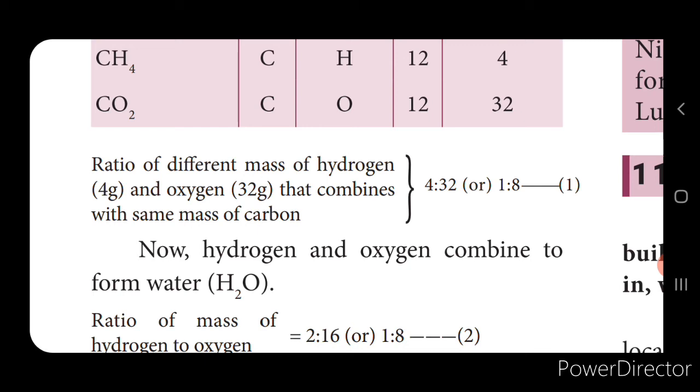So when you find the ratio of the two different elements combining with the same element, hydrogen and oxygen, the ratio is 1:8. And when hydrogen and oxygen combine together to form a compound, that is water, and you find the ratio, it will also be the same, that is 1:8. So this is called the law of reciprocal proportion.